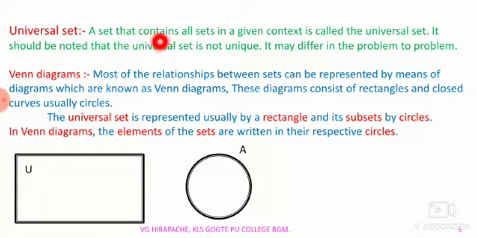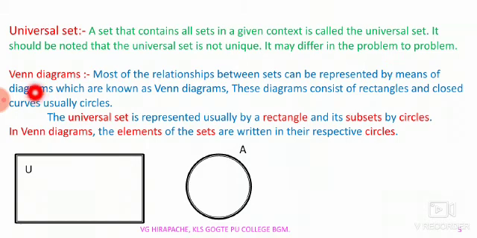A set that contains all sets in a given context is called the universal set, and it is denoted by the letter U. And it should be noted that the universal set is not unique. It may differ from problem to problem, and it is denoted by the notation U. U stands for the universal set.